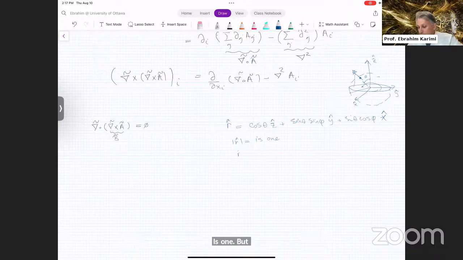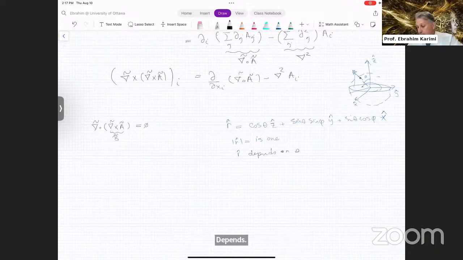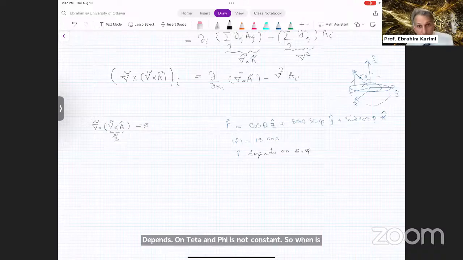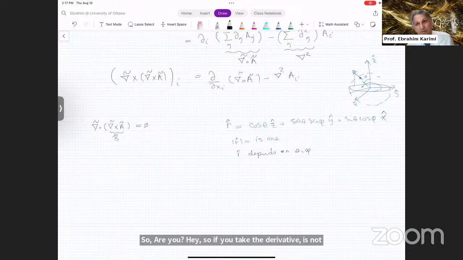But what is happening with the orientation? r hat depends on theta and phi. It is not constant. So if you take the derivatives, it is not 0. Well, that's it. And we will describe these coordinates in chapter 2 next week for sure.